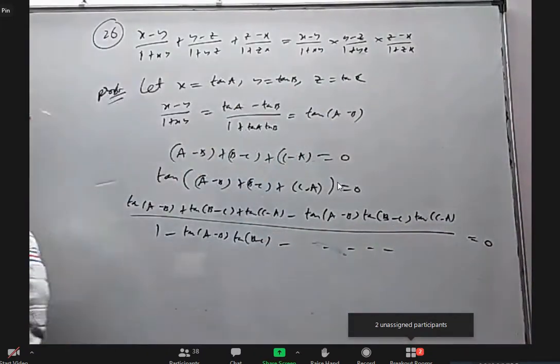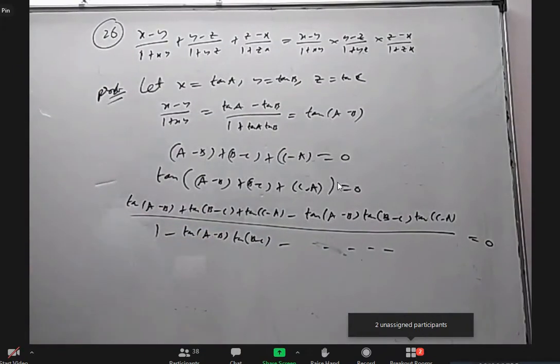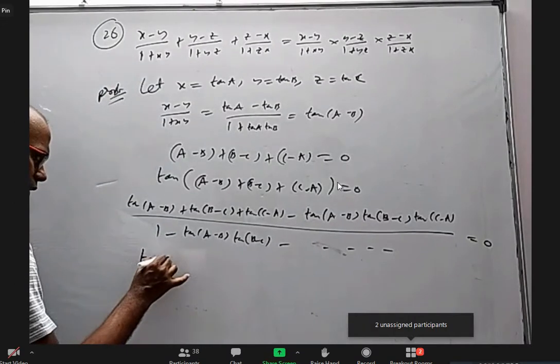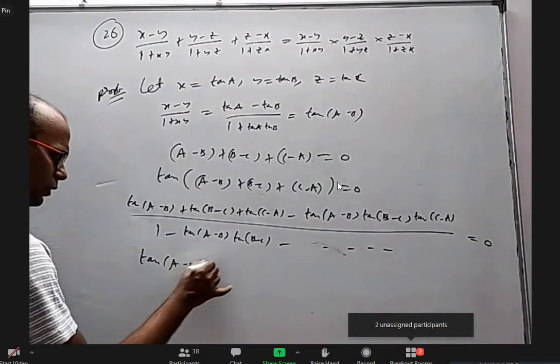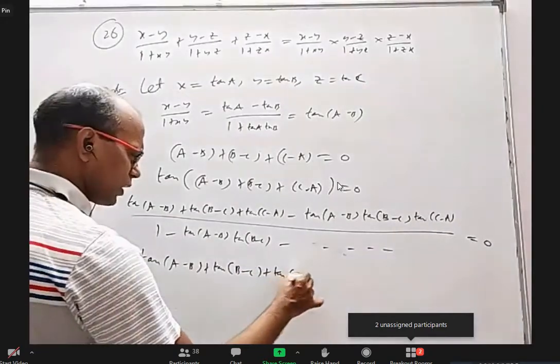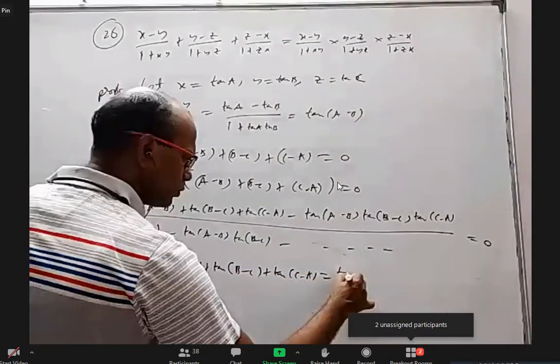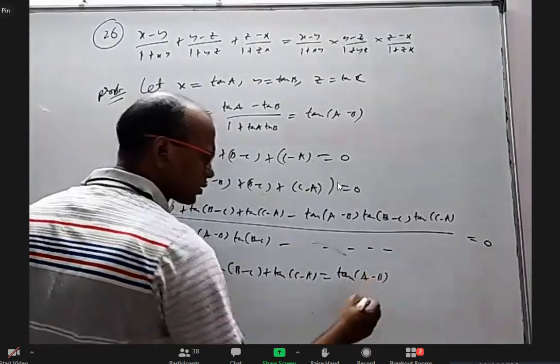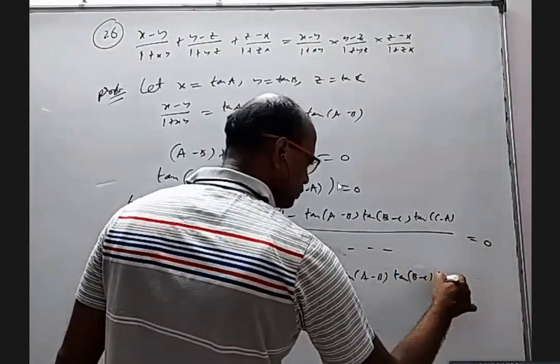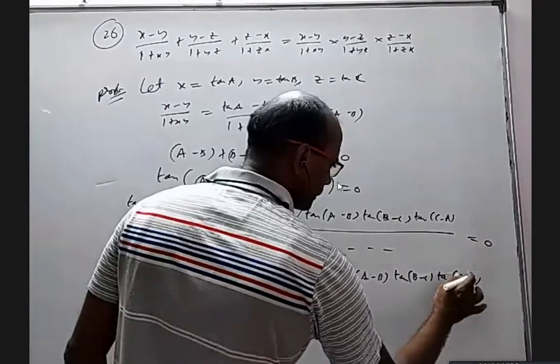Actually, I don't have to write the denominator because it's equal to 0, the numerator being 0 is sufficient. Now I can send this to RHS. I will be getting tan of A minus B plus tan of B minus C plus tan of C minus A is equal to tan of A minus B into tan of B minus C into tan of C minus A.